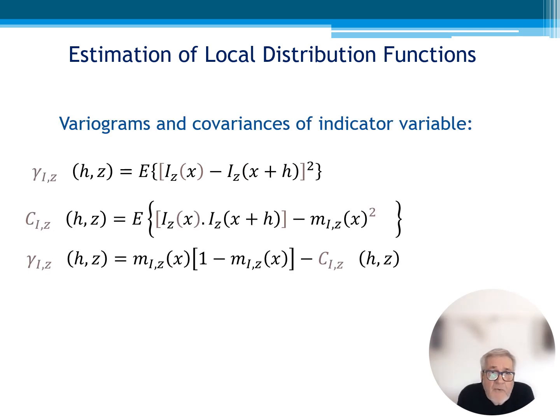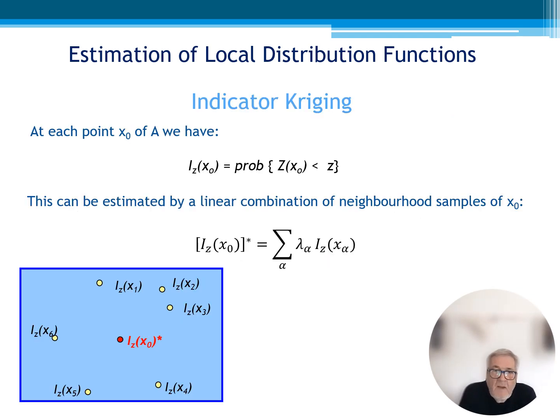Now we can calculate the variograms and covariances of the indicator variable. This is the variogram, the square of the difference between two values separated by a vector h. This is a spatial covariance expression, and this is the relationship between the variogram and the covariance. So now we can perform the ordinary kriging of the indicator, which is the indicator kriging.